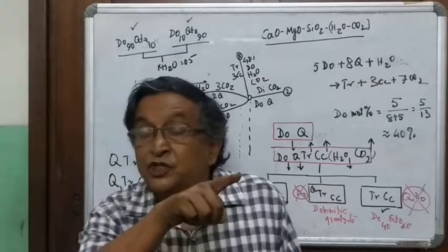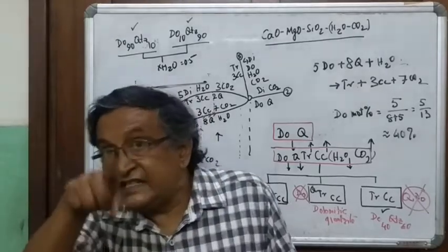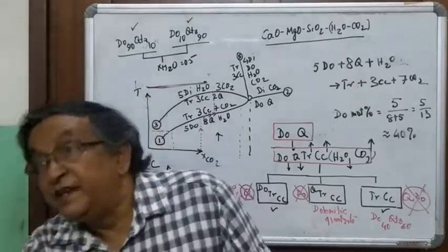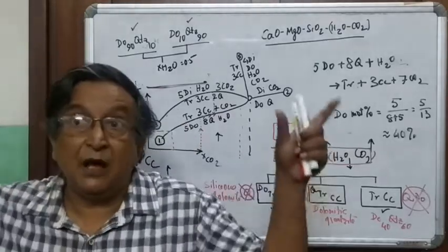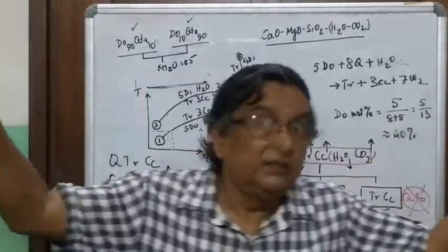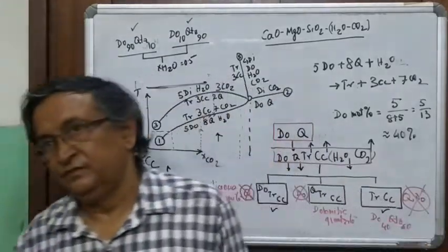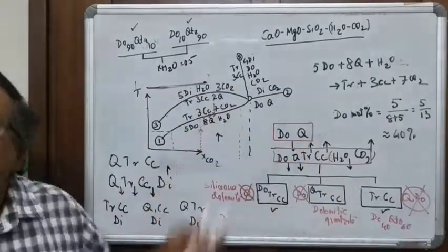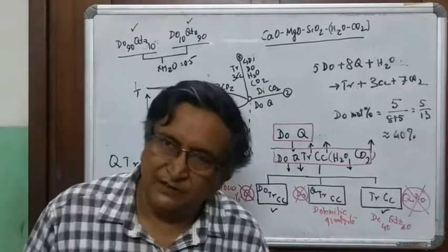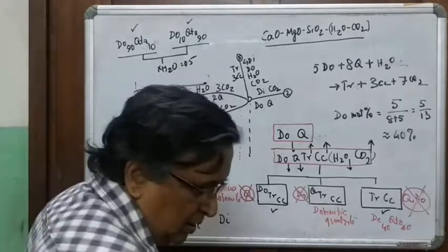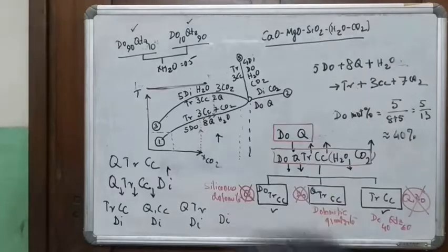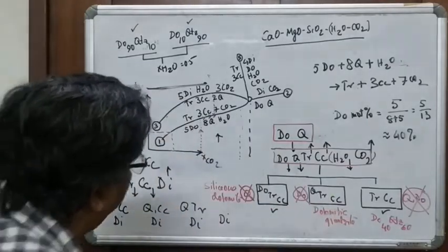But mineralogy of the rock at the same pressure temperature will be different if the bulk composition of the rock is different, of course. This is where the metamorphic phase rule comes in. Right? So I hope I have made things a little bit clear.